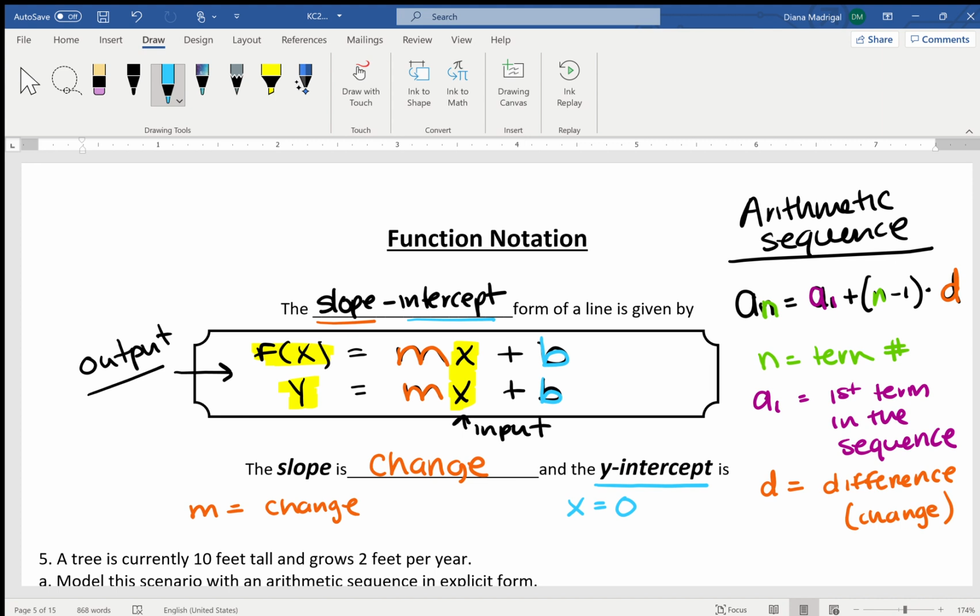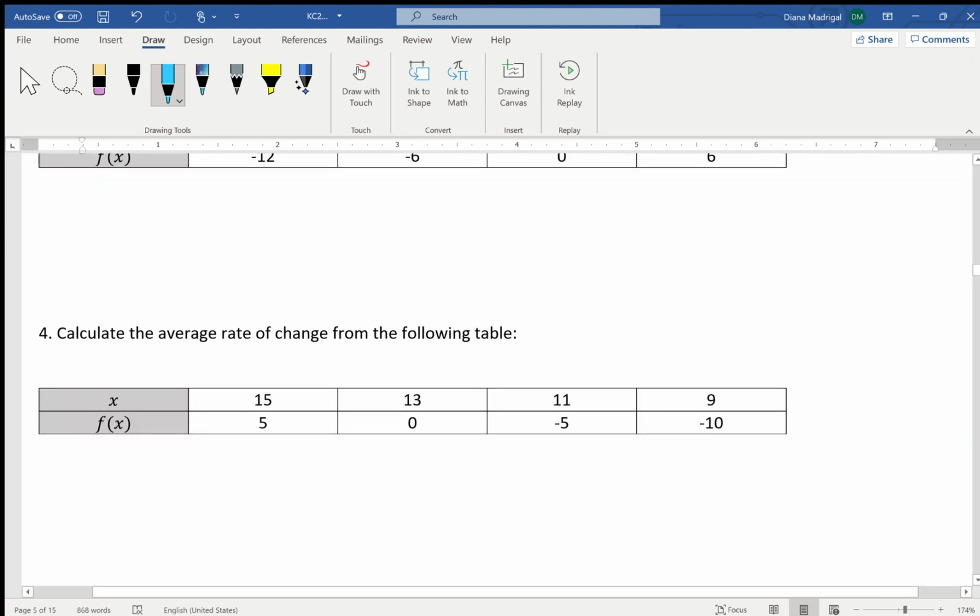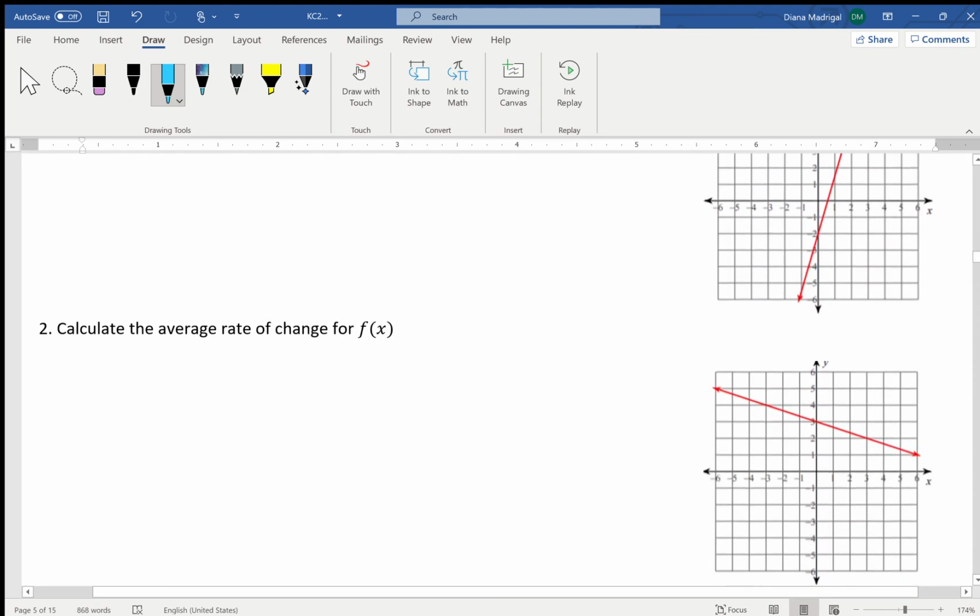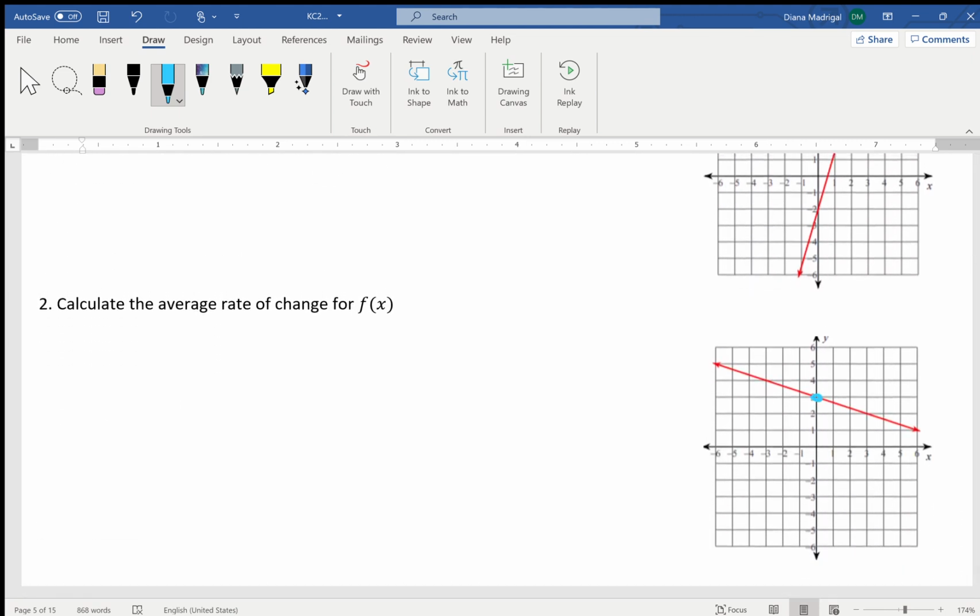In case you didn't notice yesterday or the days before when we were graphing, when we're doing the slope, I told you that the first point is where the line crosses through the y, right? So let me go back to the notes from earlier. I told you that this point right here is your starting point. If you get the coordinate point of this, it will be (0, 3). x is 0, right?